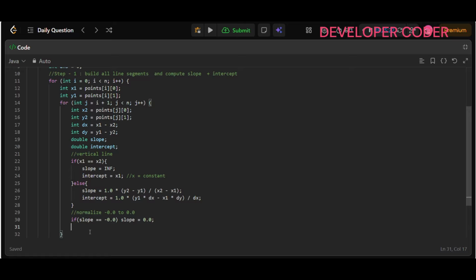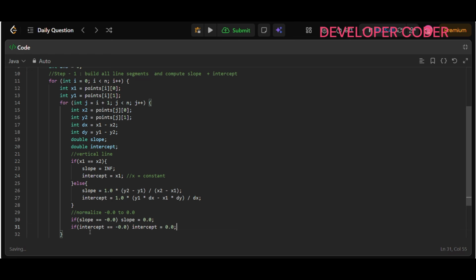Same way, if intercept is equal to minus 0.0, then you can simply write intercept as 0.0.